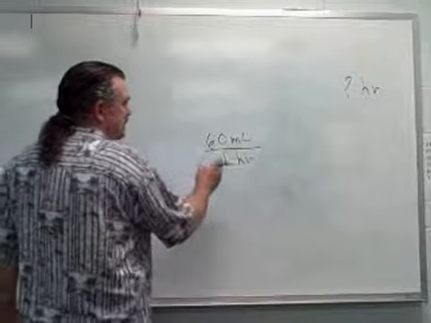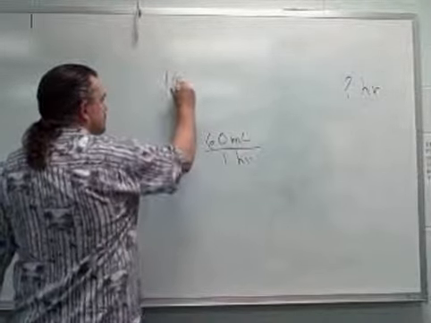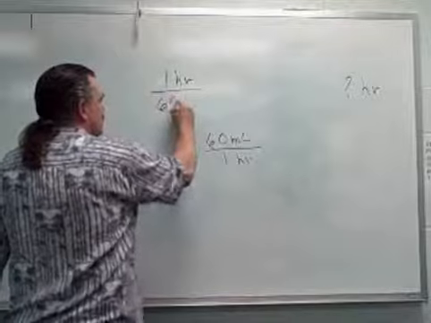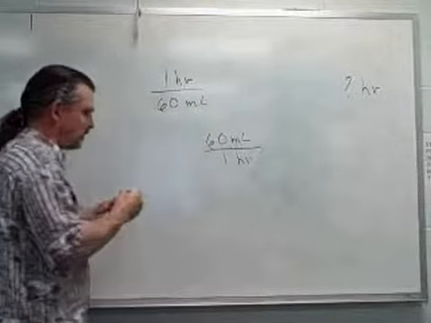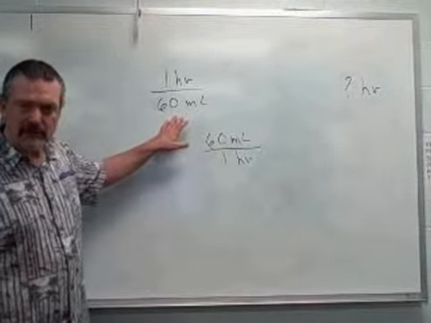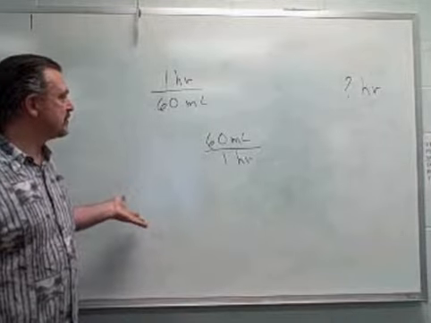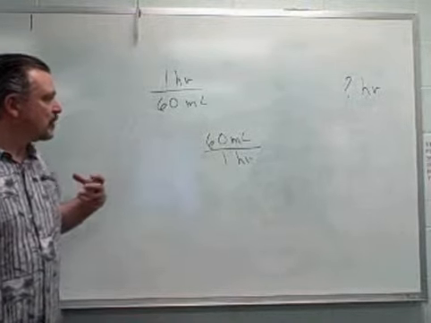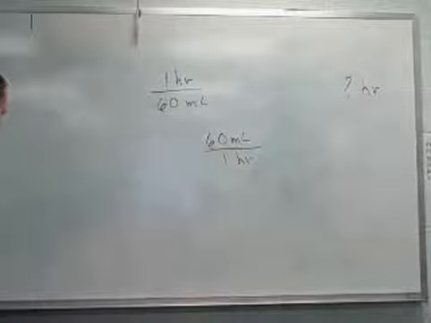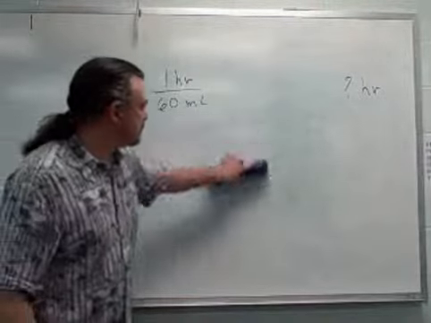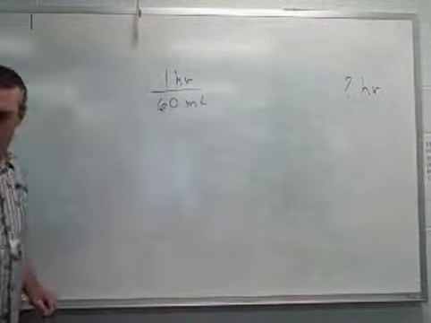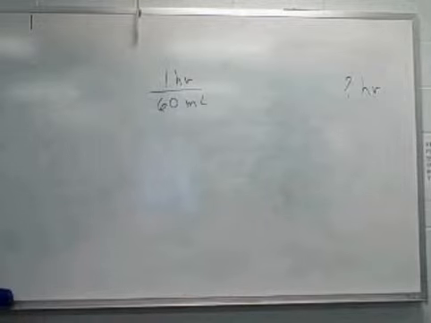And we could say that 1 hour, for every 1 hour, 60 milliliters are being infused. Well, do we know how many milliliters totally are to be infused? When we look at the problem, it said 500 milliliters was started.